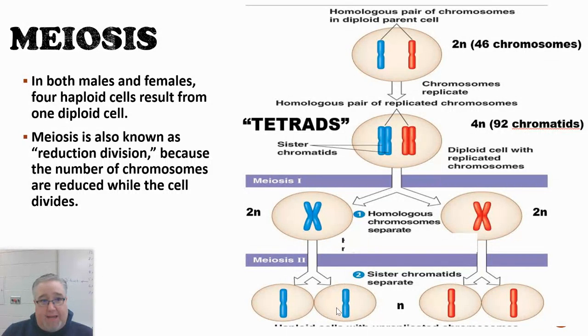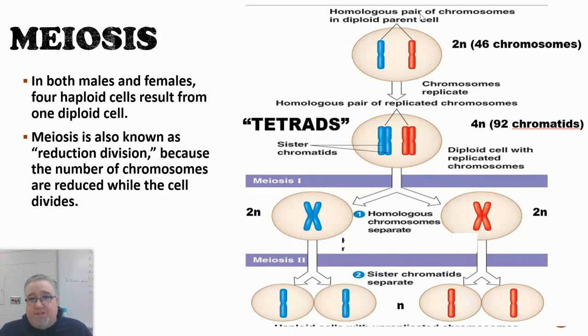It's a process. It says here, meiosis is also known as reduction division. I want you to think about that. In this process, what's being reduced? What's being reduced is the chromosome number.